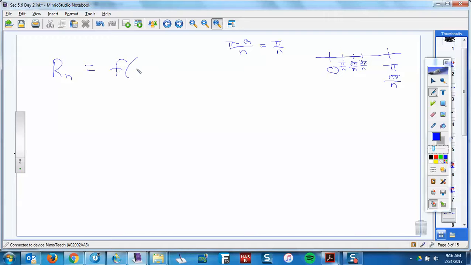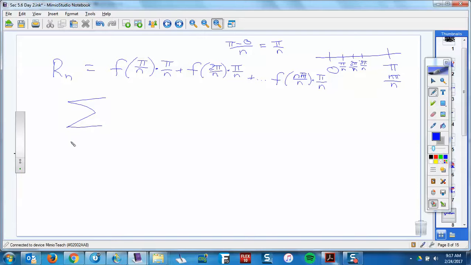F of pi over n times my width, pi over n, plus f of 2 pi over n times pi over n. We see the pattern. Let's go to the last one. The last one's going to be f of n pi over n times pi over n. We can see our pattern.